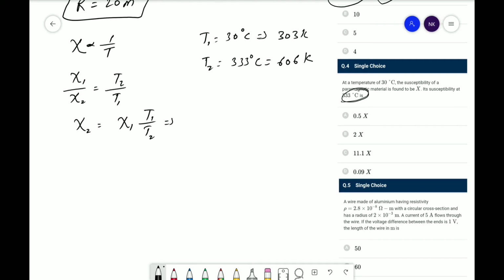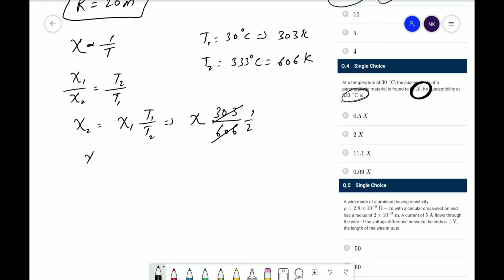Hence the value of chi 1 is given, that is only chi. Okay, here you can see this one is given that found chi. Hence chi T1 is given, that is 303 divided by 606, which is 1 by 2.